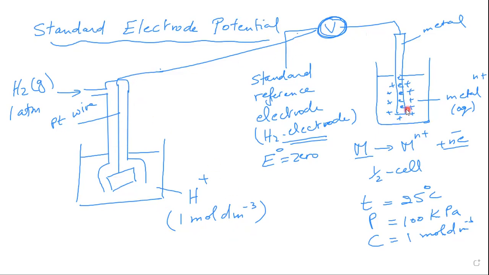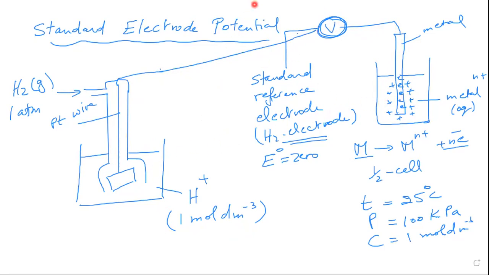We connect these two half cells together by a voltmeter, which will read the potential difference between the ions and their electrons in this half cell. Of course, these two solutions are connected from the outside by the wires and voltmeter, but from inside they are not connected.